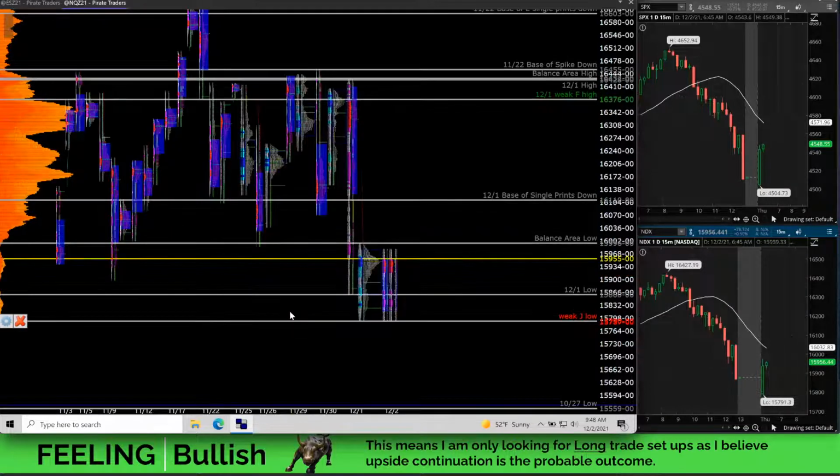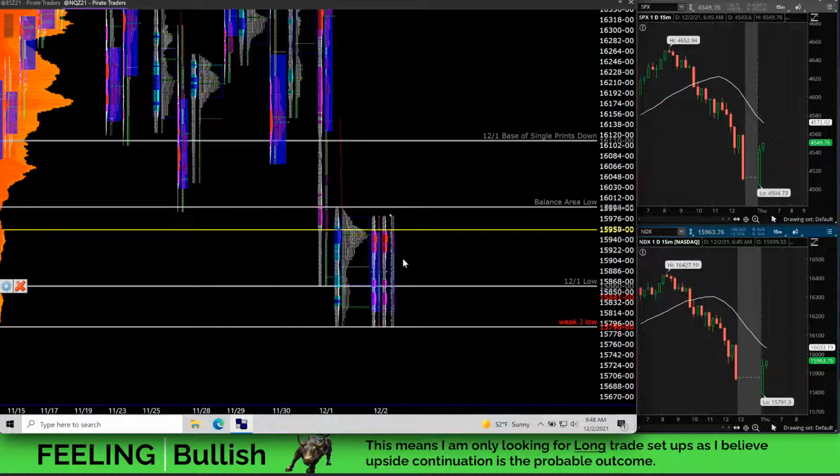Oh, we opened with a gap down on the Q. So that is the most bearish scenario, if you open below a spike down.